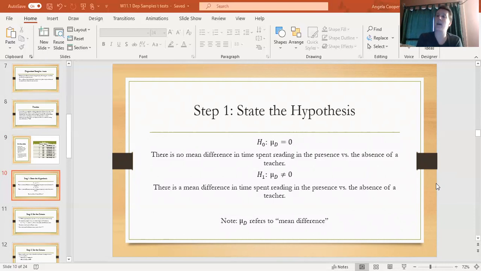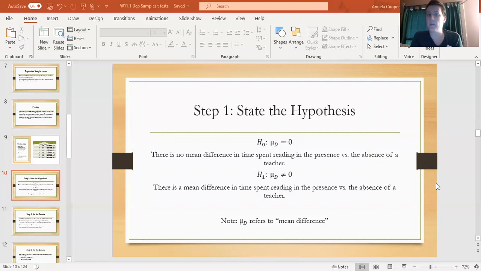That's why our null hypothesis for dependent samples t-tests is that the mean difference score is equal to 0. It gets a little weird, but a dependent samples t-test is just looking at the difference between scores, literally one minus the other, so it makes sense that our null hypothesis is equal to 0.